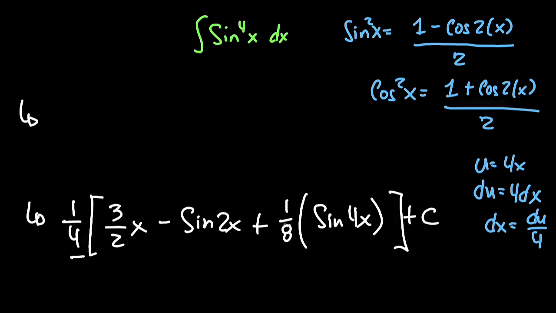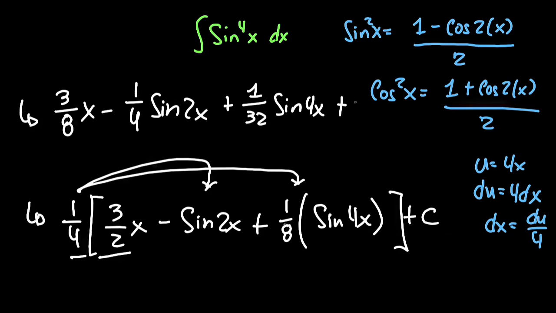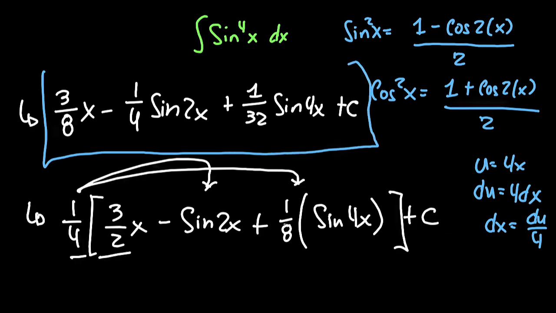One-fourth multiplied by 3/2 would be equal to 3 over 8 of x minus 1/4 multiplied by this, which is 1/4 sine of 2x, and 1/4 multiplied by this, 1/4 multiplied by 1/8 would be 1 over 32 of sine of 4x plus c. And so this should be your final answer regarding sine to the power 4 of x.